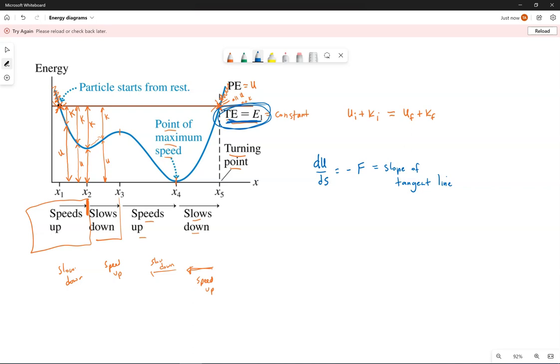So at any point on this motion, we could look at a slope of a tangent line, and that would relate back to the force. But notice right here, and right here, 1, 2, 3, we have 3 locations where the slope is 0.